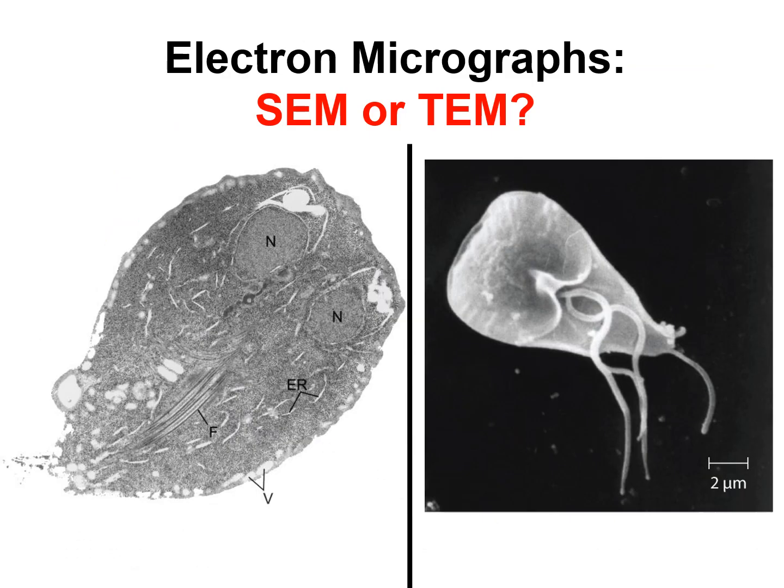These two pictures are of the same microorganism, Giardia, one of our protozoans, a eukaryotic microorganism. The picture on the left is a cross-section, and we're looking at the inside of the cell. So this was made by a transmission electron microscope. And then the picture on the right, we're looking at the surface of the Giardia cell.